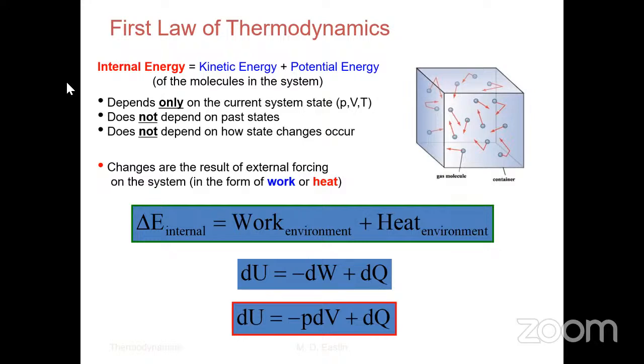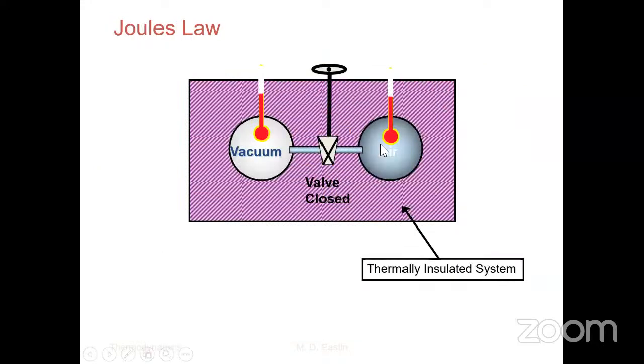And remember that dW is equal to P dV, like I've shown you in the past slide. dW is P dV, so you now see that dU is minus P dV plus dQ. Now, Joule's law.